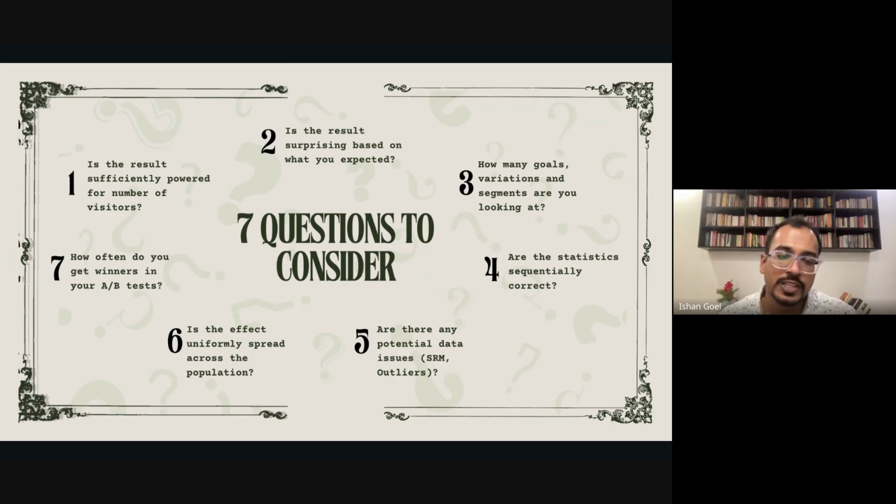Finally, the sixth question is very interesting, and there is a puzzle for it also. But this is slightly nuanced, and you can do this only if you have a lot of visitors. Say you have gotten a 5% uplift in your test. You can divide that data into segments across different segment types in your audience pool, and see how uniformly this uplift is distributed across different segments.